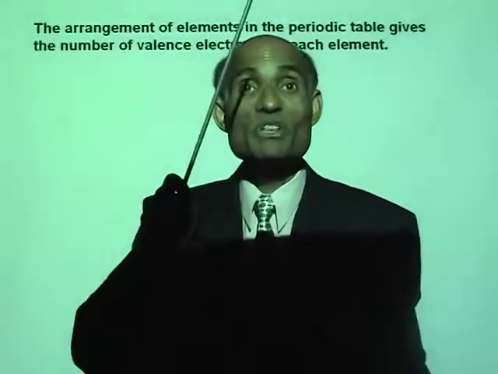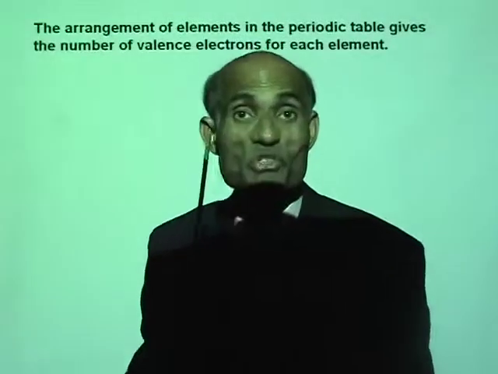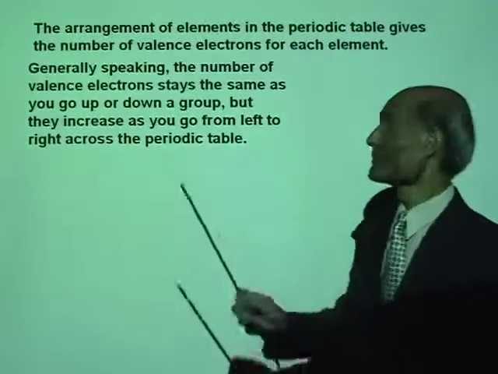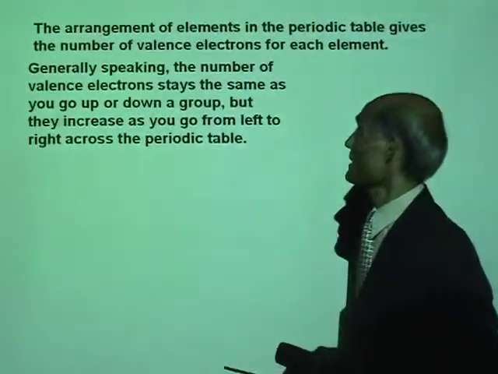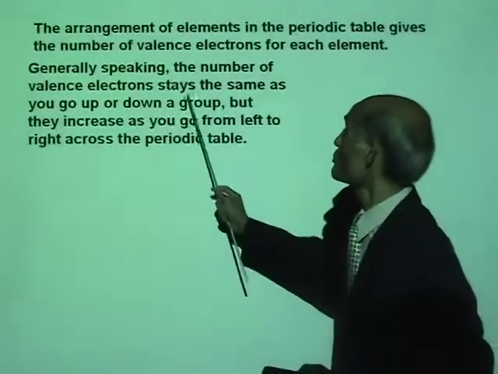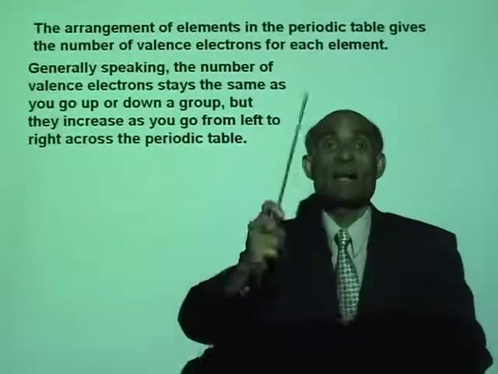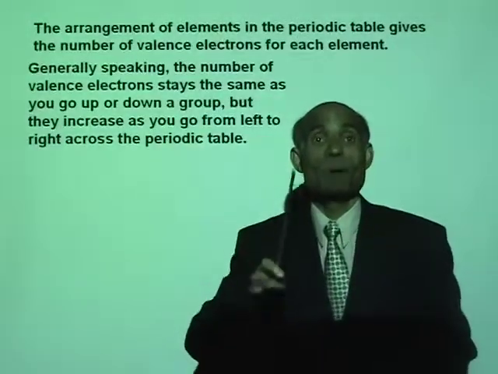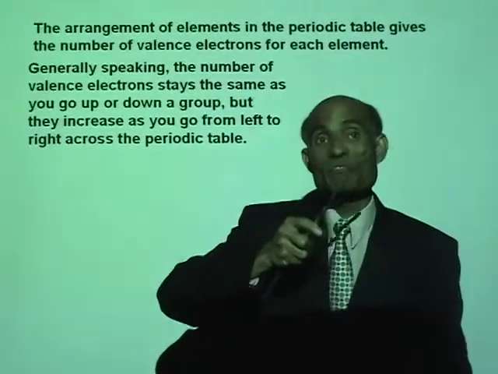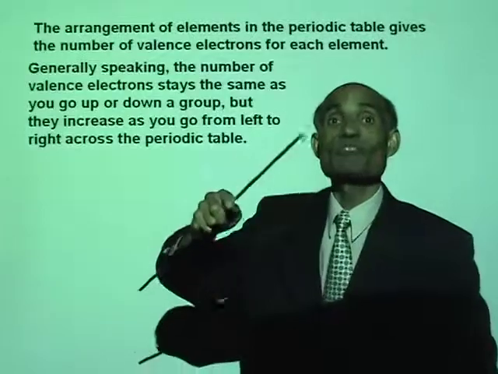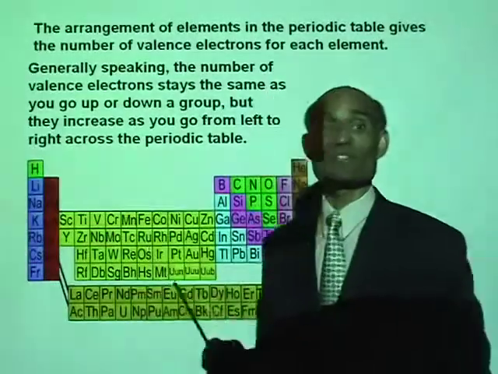Elements in each group have the same number of valence electrons. So generally speaking, the number of valence electrons stays the same as you go up and down a group. But as you go from left to right along a period, the number of valence electrons will increase.